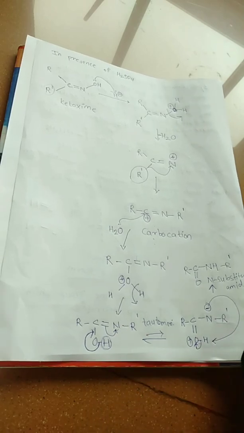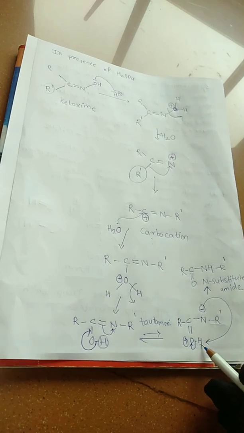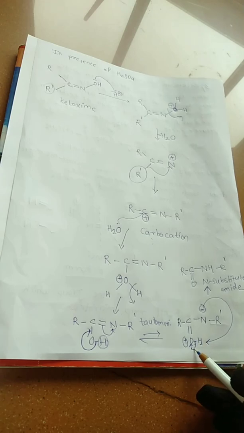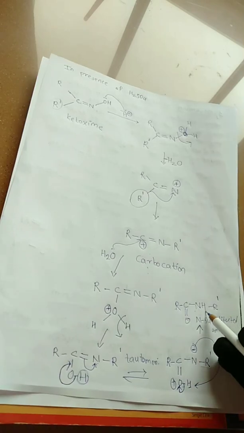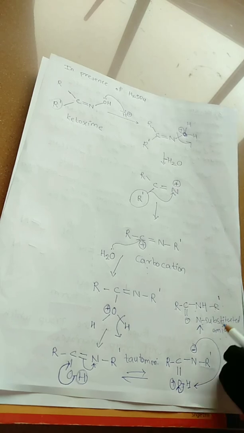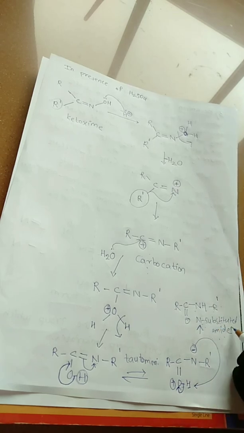This negative charge will abstract this proton, hence this bond will shift towards oxygen. So here you can see R, C double bond O, NH, R dash, a substituted amide. This is what we will get. At the end we will get N substituted amide.